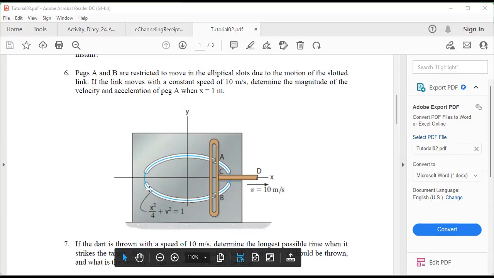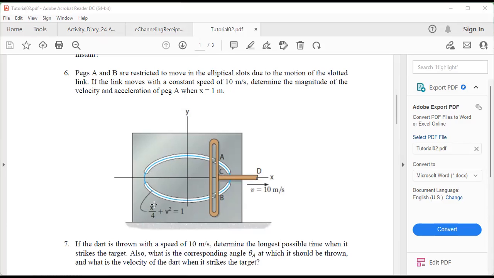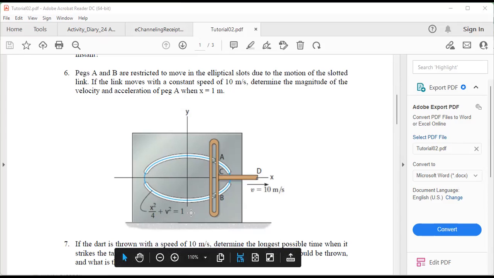The path of the pins is given by this equation, which is an ellipse. This is not b, it is y squared. So x squared over 4 plus y squared is equal to 1. That is the path.